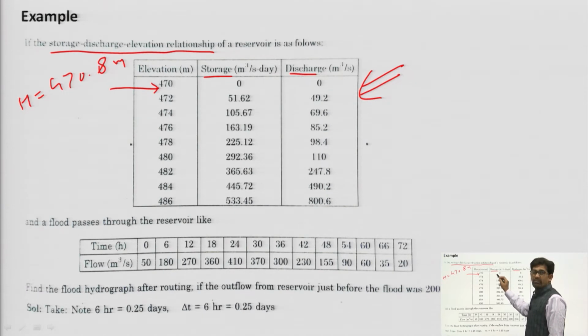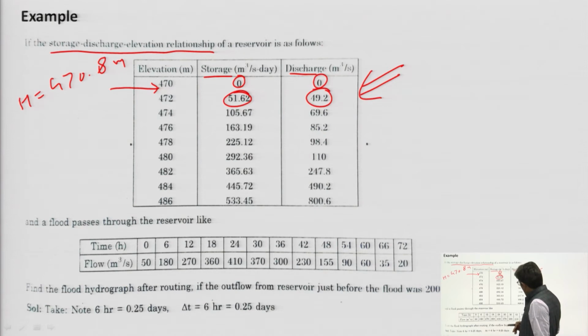That storage can be calculated with the help of these two ordinates by interpolating. Similarly, the discharge can be calculated with the help of interpolation of these two data. So, that data is given for the reservoir characteristics.